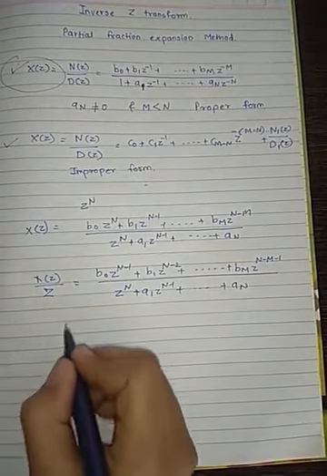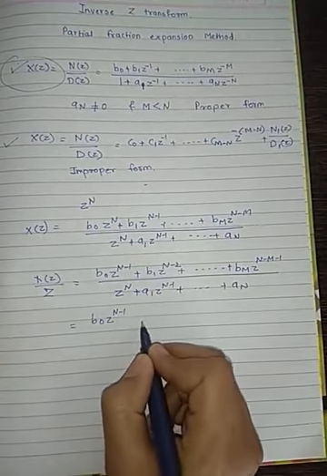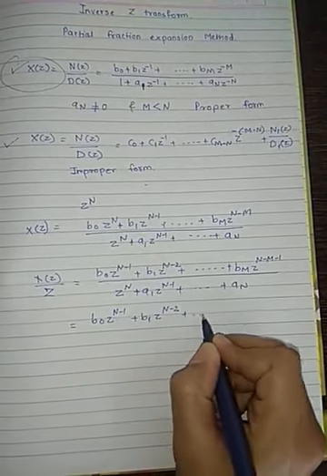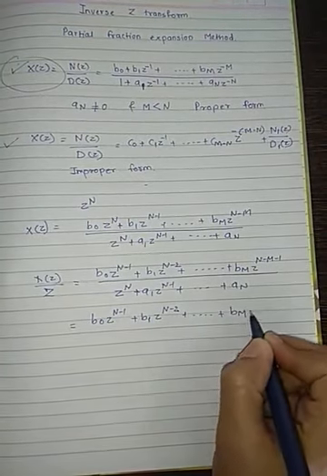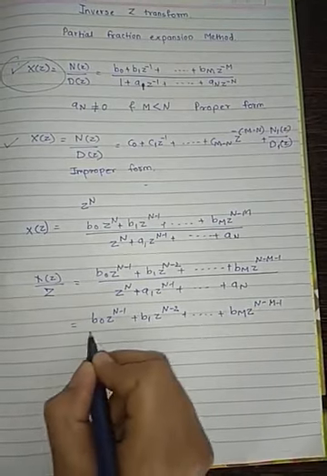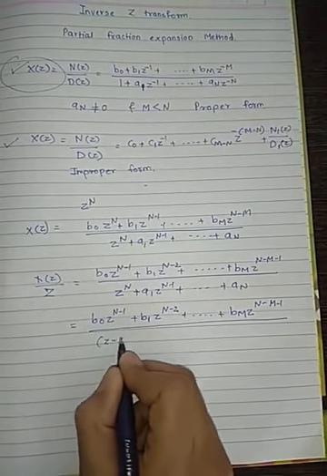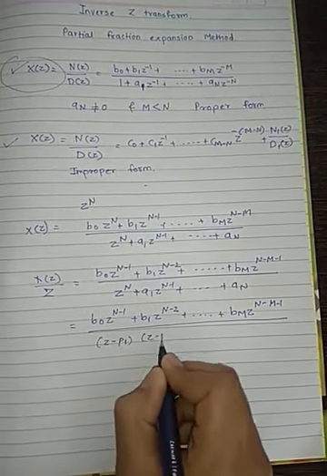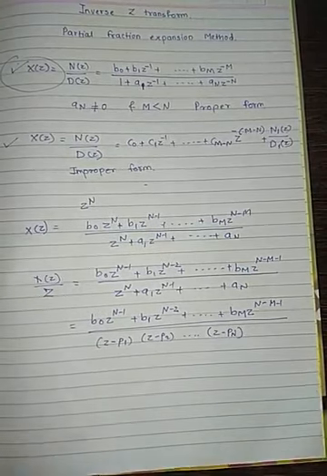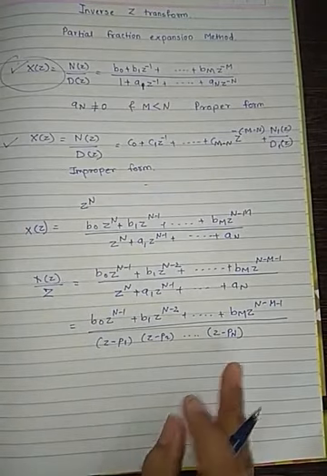This can also be written as the same numerator divided by z minus p1 into z minus p2 up to z minus pn, where p1, p2 up to pn are the poles.